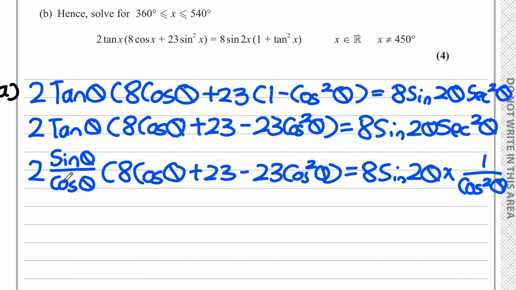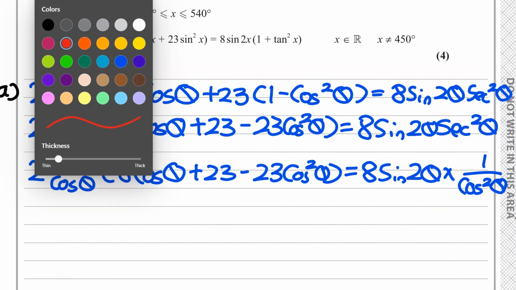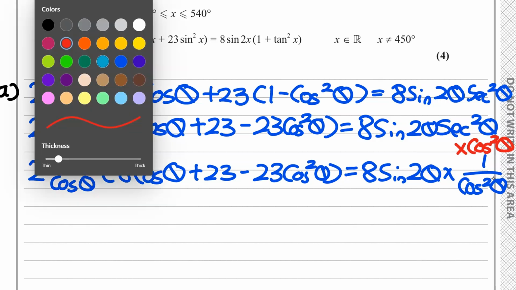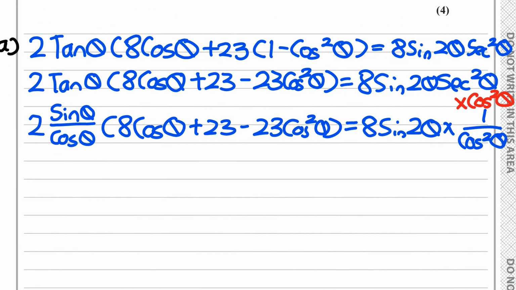Now we can see that we have cos theta denominator here and a cos squared theta denominator here. So here, let's multiply both sides of this equation by cos squared theta to get rid of this denominator here. So if we do this, it's going to be 2, and then this cos theta, because we're multiplying it by cos squared theta, this cos theta denominator is going to go away, but as this is only cos theta, it's not cos squared theta, we're still going to be multiplying by cos theta here.